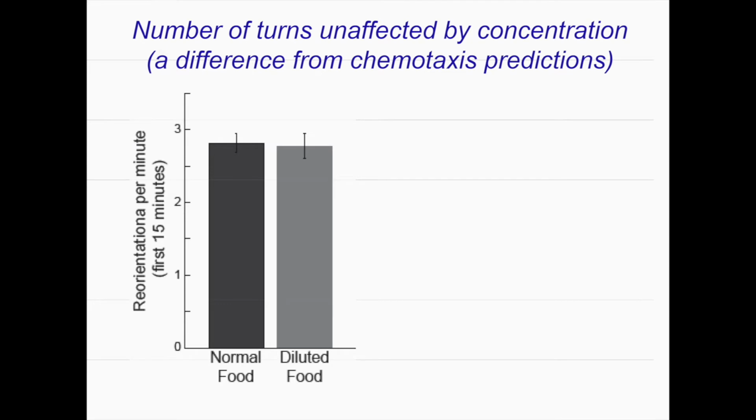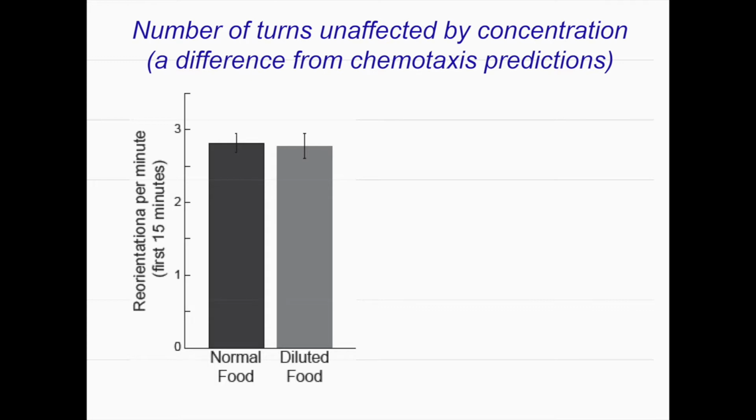Another prediction that was qualitatively different between infotaxis and chemotaxis is the dependence on the concentration of the food patch. The key model in the infotaxis prediction is that the animal is driven by the probability distribution of how food is likely to be distributed. It's not driven by the absolute amount.